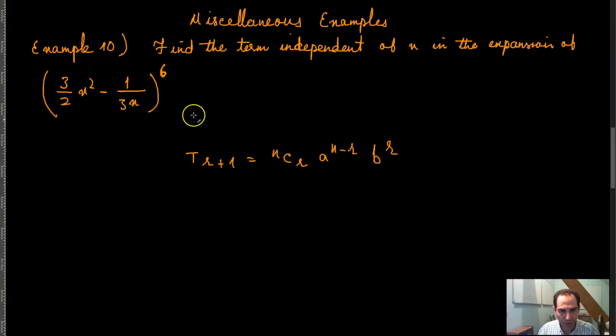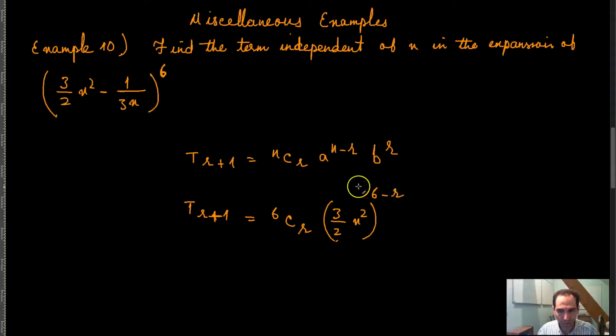The solution is simple. In this particular case, T(r+1), the general term of this expansion, is equal to 6Cr, then a raised to the power n minus r, which is (3/2 x²) raised to the power 6 minus r, and then (−1/(3x)) raised to the power r.